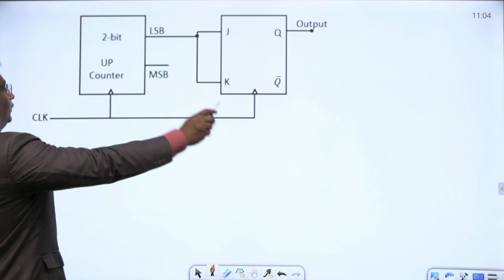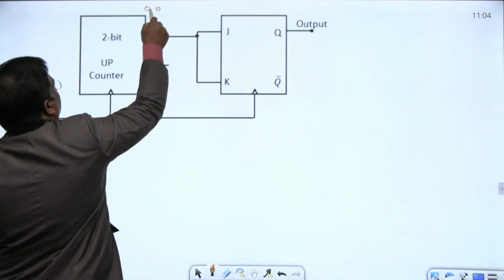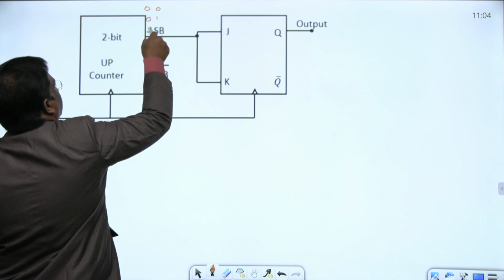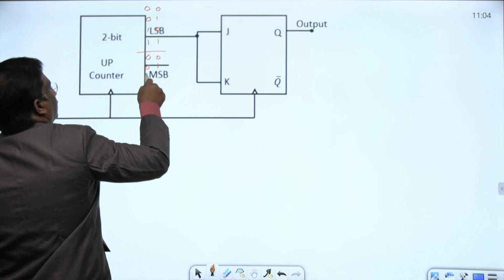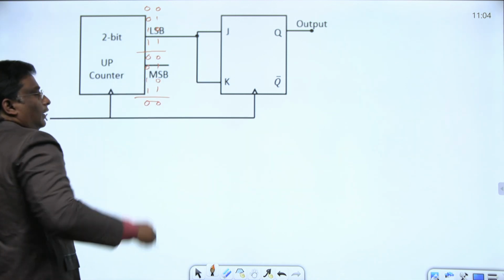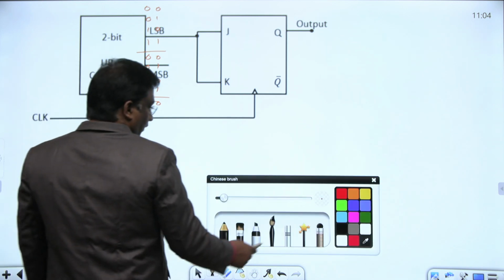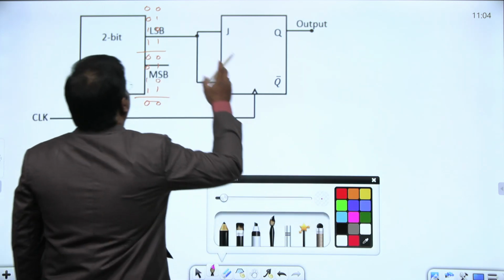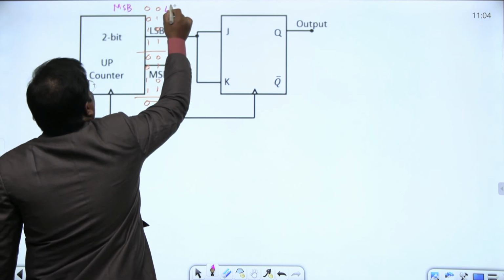For this LSB, right now we have seen this output 0 0, 0 1, 1 0, 1 1, like that again 0 0, 0 1, 1 0, 1 1, so and so. This is the output of the flip flop here, up counter. In this up counter, this is the MSB bit, this is the LSB bit.